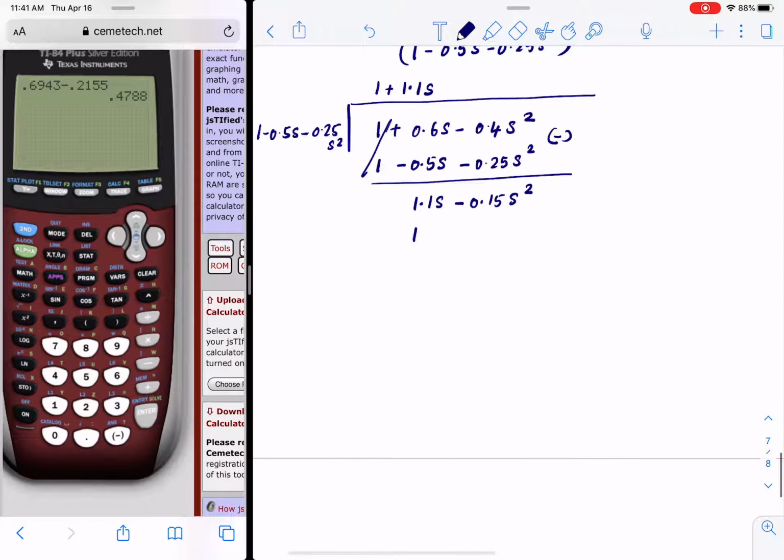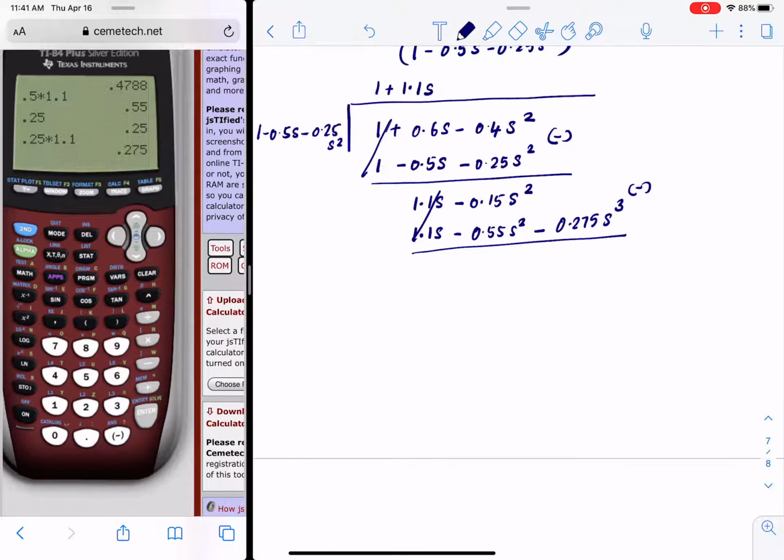We get 1.1s minus 0.55s squared minus 0.275s cubed.